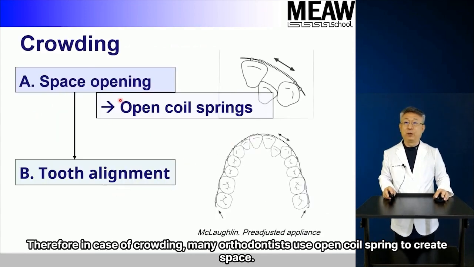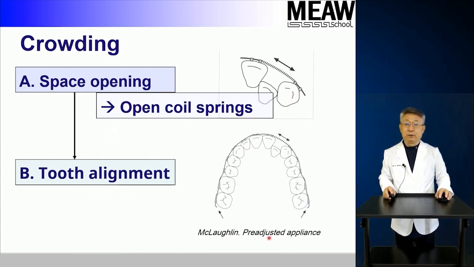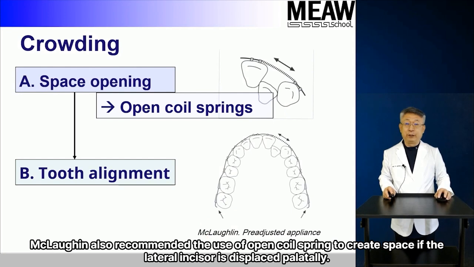Therefore, in case of crowding, many orthodontists use open coil spring to create space. McLaughlin also recommended the use of open coil spring to create space if the lateral incisor is displaced palatally.